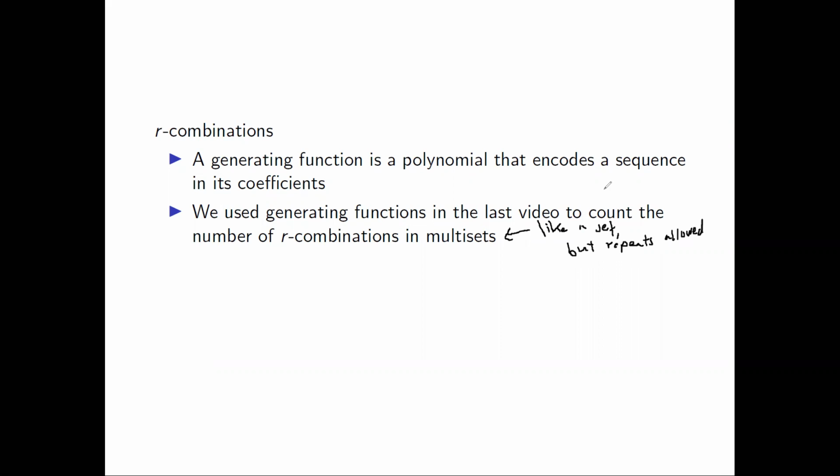But the difference is that a multiset is allowed to have repeated elements. And an R combination of a multiset is just R elements of a multiset, like a subset of size R of an ordinary set.